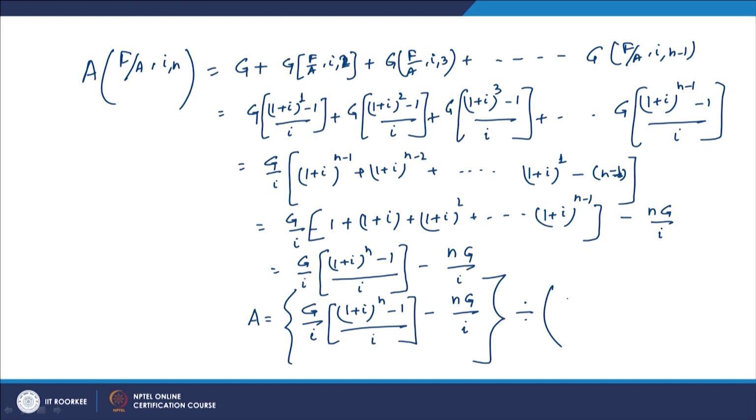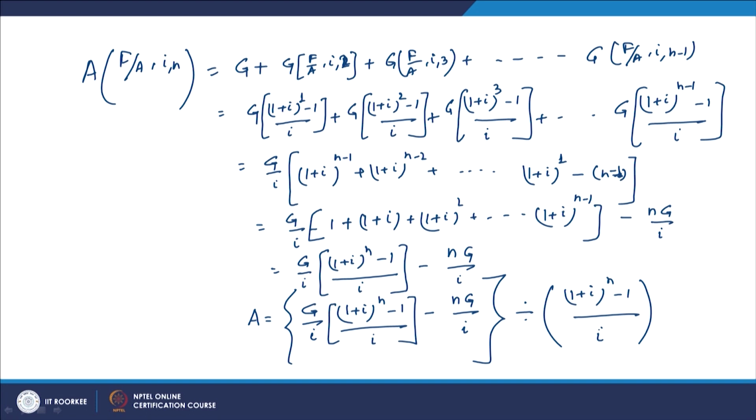So, f by a i n is (1+I) raised to the power n minus 1 divided by I. As you know, when this factor is separately multiplied, this will go and it will be G by I.